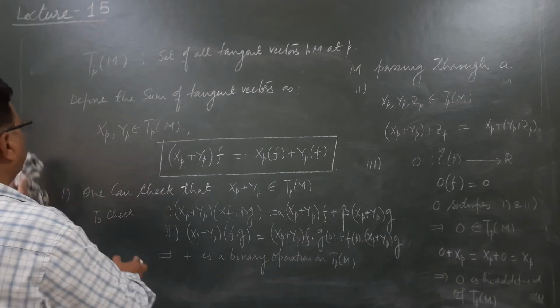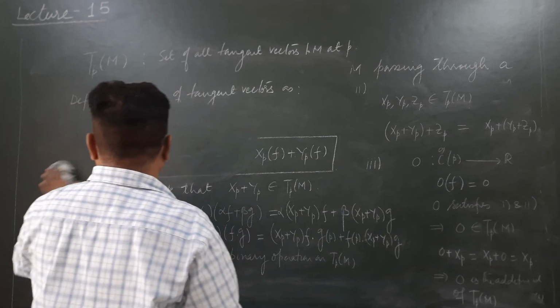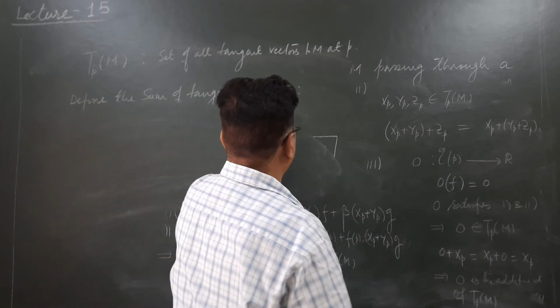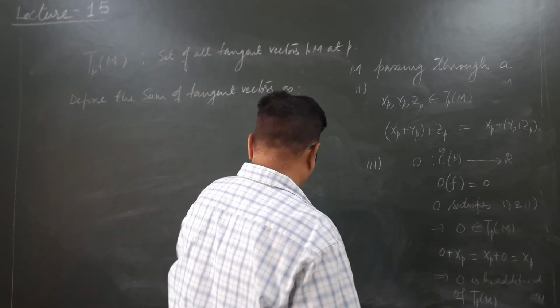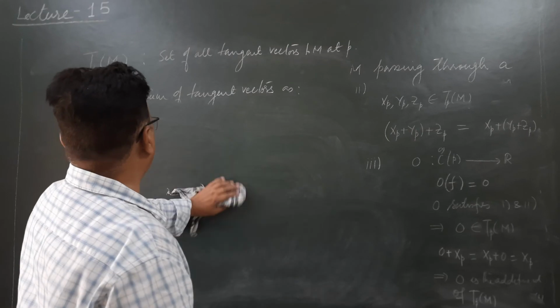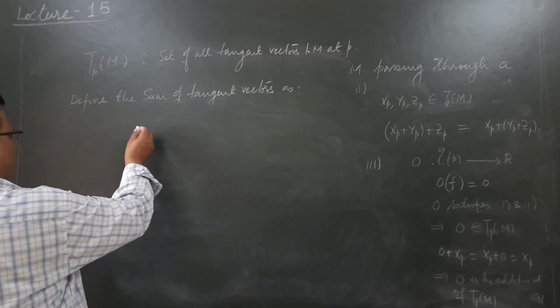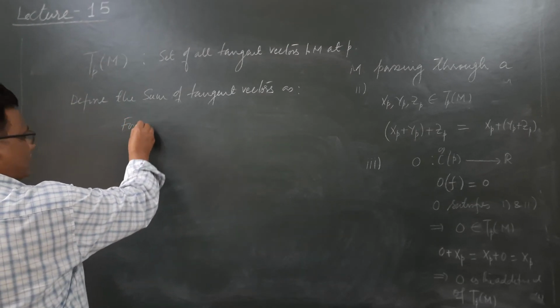And lastly, you will search a inverse of a tangent vector, additive inverse of a tangent vector. And we propose for XP, this is number 4.